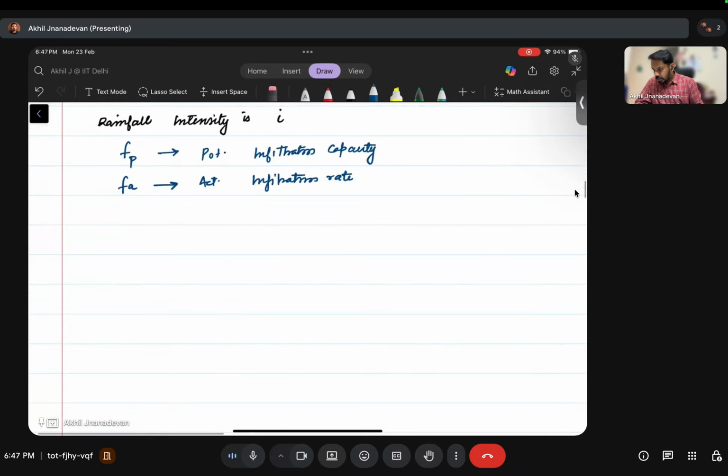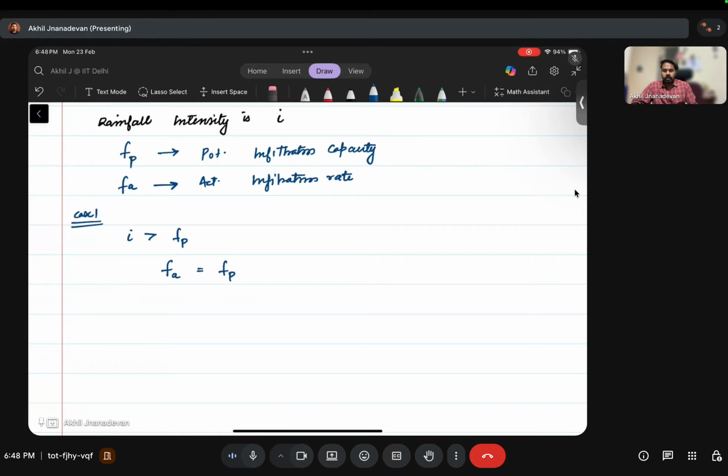So let's take two cases. Case one, when I is greater than FP. So rainfall is happening at a particular rate I that is greater than FP, then the actual infiltration will be equal to FP. So it can have a maximum infiltration of FP only, right?